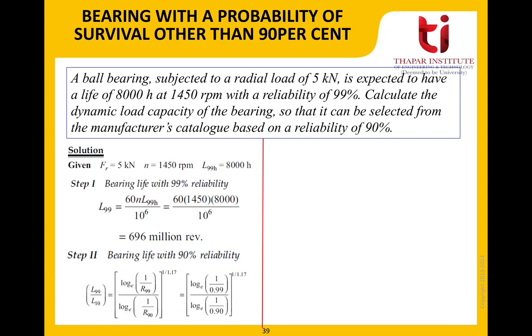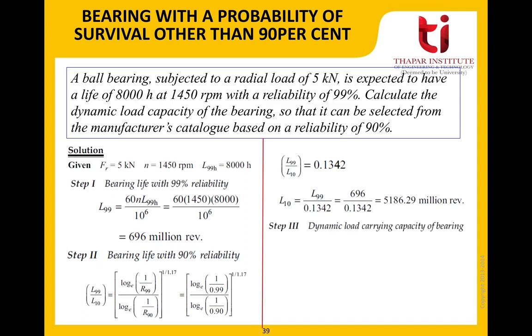We'll make use of that formula, put down all these known variables, and get the L99 by L10 ratio as 0.1342, and we'll get L10, the rated life of the bearing, as 5186.29 million revolutions.